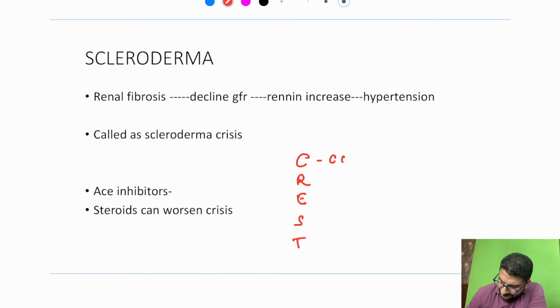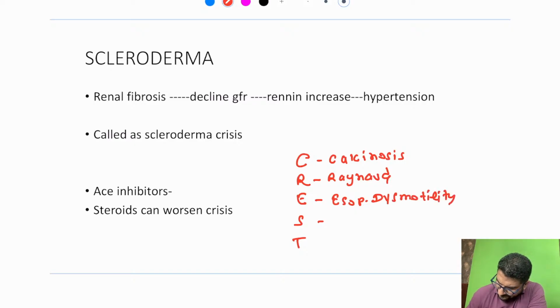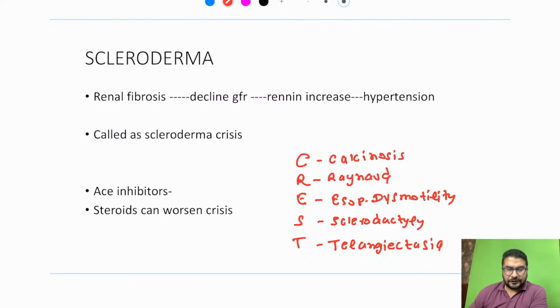CREST syndrome: C for calcinosis, R is Raynaud, S is sclerodactyly, E is esophageal dysmotility, S is sclerodactyly, and T is telangiectasia. So this is your superficial form.